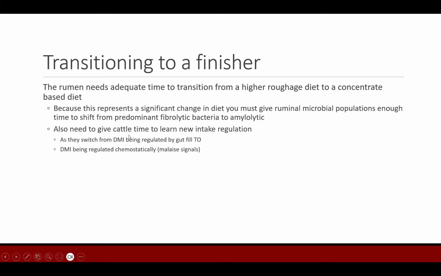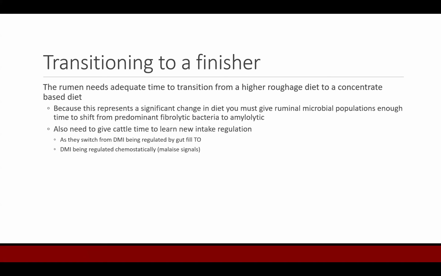But we also have to give the cattle time to learn their new intake regulation. They're going from intake regulated by gut fill to being regulated chemostatically through some marker in the blood. It could be propionate, glucose, who knows what, could be hepatic oxidation in the liver. I don't know. No one really knows.